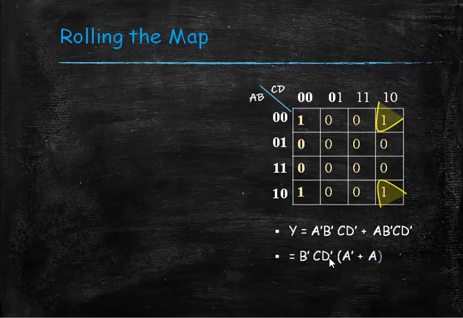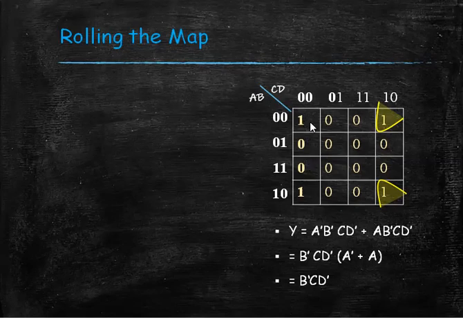Taking B bar C D bar commonly outside, it shows that it forms a pair. It forms a pair, that is one variable is reduced. We get B bar C D bar.